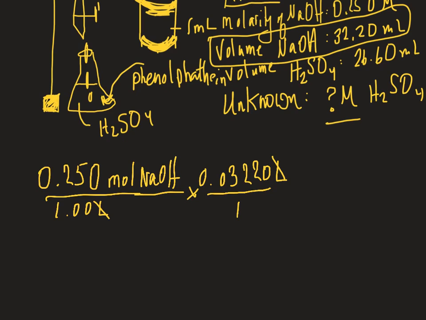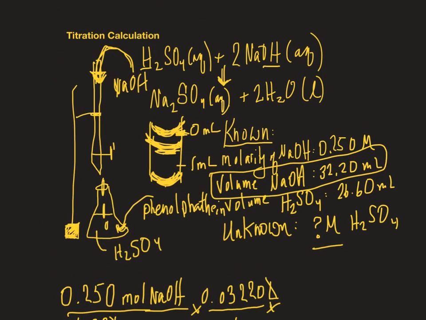added. If I stopped there, I'd be answering the question, how many moles of sodium hydroxide were added when I multiply those two out? However, what I really want to answer is the molarity of the acid. So I need to relate the moles of base to how many moles of acid they must have reacted with. In order to do that, I go back to my balanced equation. Because it is not 1-to-1, and in fact 2-to-1 of base to acid, it's not the same number of moles.